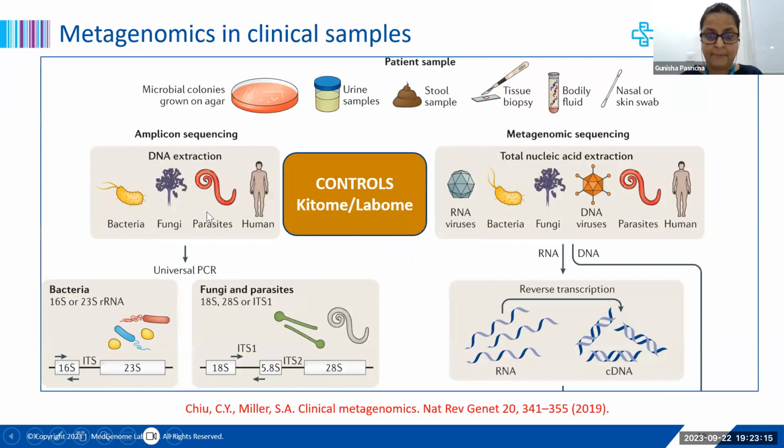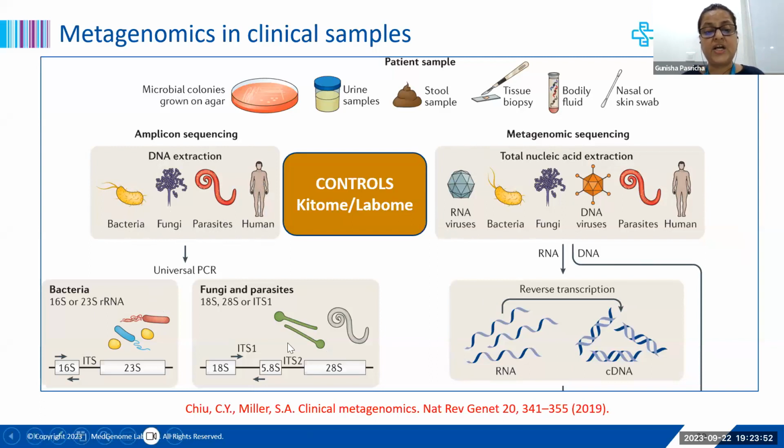There's a clinical sample. The DNA extraction is done. The DNA would include, if present, human, and if present, bacteria, fungi, parasite. Everything will be sequenced. This is the untargeted approach where it will be a mixture of everything. Now, if you're looking for bacteria only, if there is a suspicion that I only want to look for bacteria, then we use a 16S rRNA gene-based primer for amplification of bacteria.